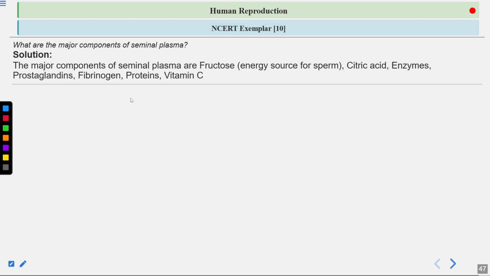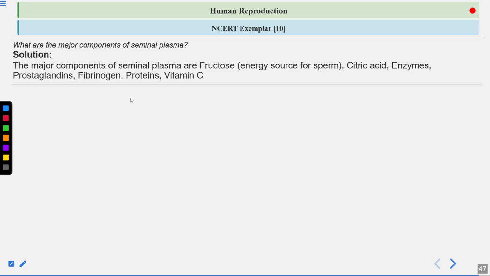Okay, so what are the components of seminal plasma now? Seminal plasma is the major component of the semen. It consists of fructose, which is a sugar and an energy source for the sperm. Then citric acid is present. Enzymes are present. Prostaglandins are present.